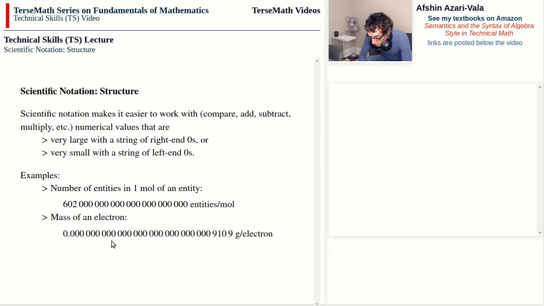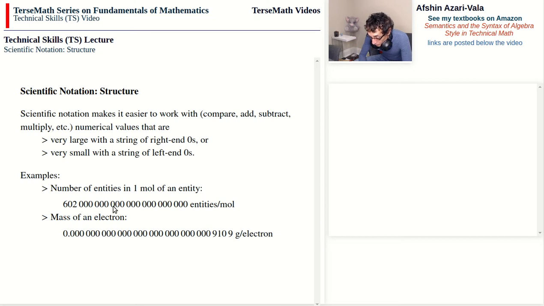We would have to start by dropping the decimal point, and then we end up with this whole thing, as well as 9,109, and then we multiply the numbers without their decimal points. We can speed this up a bit by dropping the zeros here and multiplying only 602 by 9,109, and then add on the zeros. It's still a lot of work if you think about it, and we're not done yet.